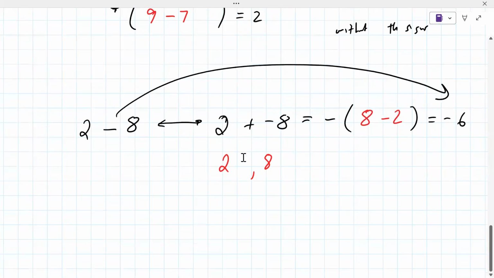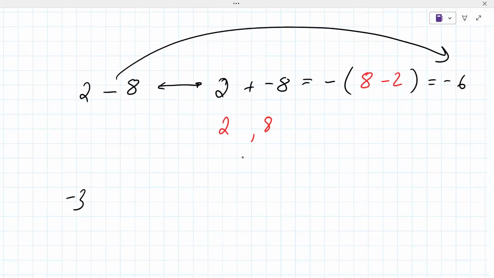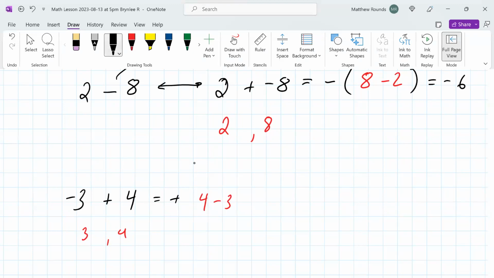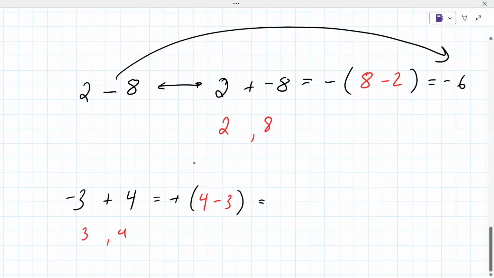Now let's try another one here. -3 plus 4. Which is further from 0? 4. So we know the answer is positive. Then you take the numbers without the signs, larger subtract the smaller, which is 1.